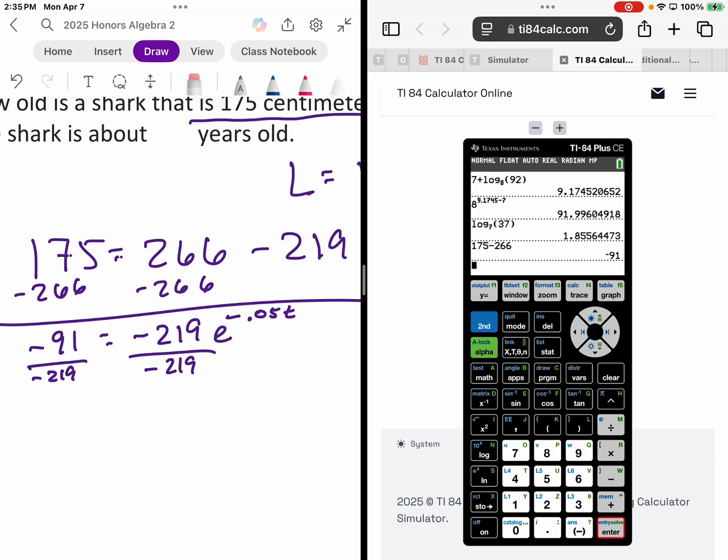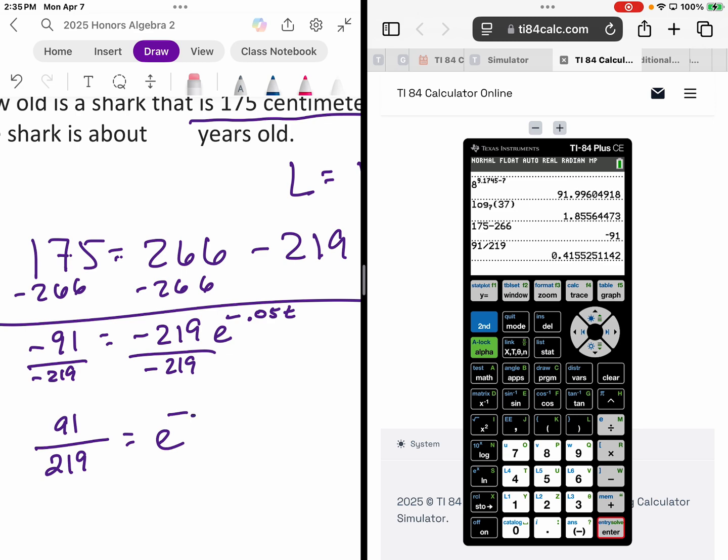The negative 219 is attached through multiplication, so I got to divide it off. So now on the left side, I have 91 divided by 219. I went ahead and said negative divided by negative is a positive. I'm going to leave it as a fraction as I go through my steps here. So that's e to the negative 0.05 t.